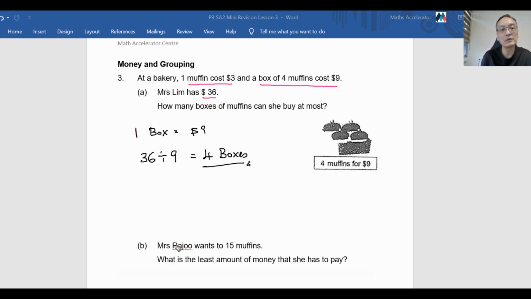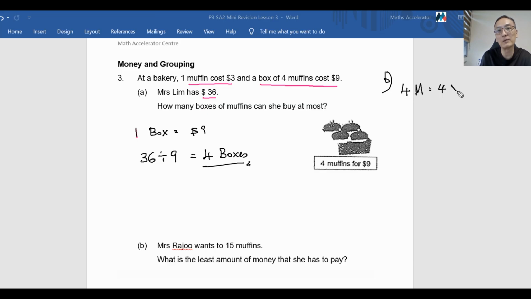Okay, part B, Mrs. Raju wants to buy 15 muffins. What is the least amount of money that she has to pay? Okay, let's try to work the answer over here for part B. Now, which is the better deal? To buy 4 individual muffins or to buy a box of 4 muffins at $9? So let's check. If we're going to buy 4 individual muffins, let's write 4M here.